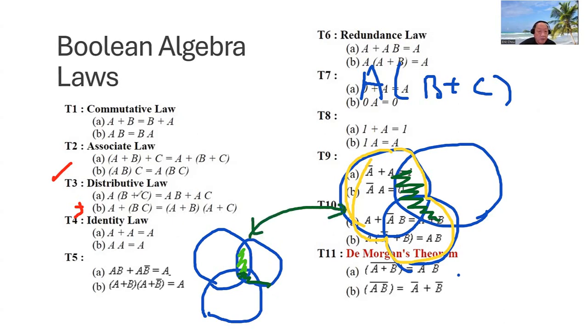A and the B or C is equivalent to AB or AC. These two are the same. Is that okay? So you can multiply to each element, that's the same as your multiplication rules.